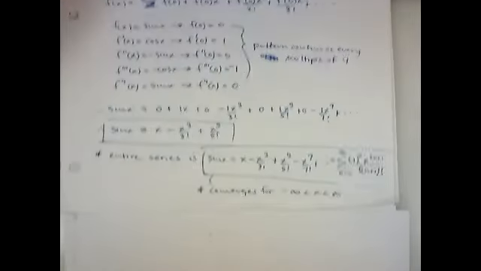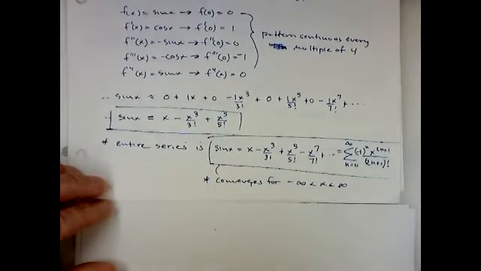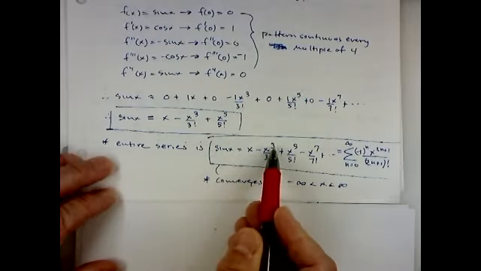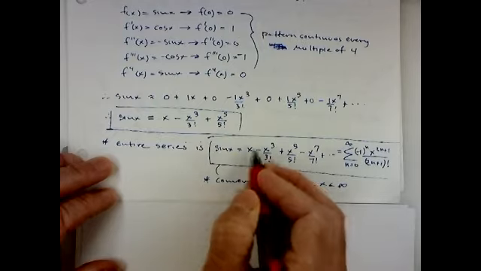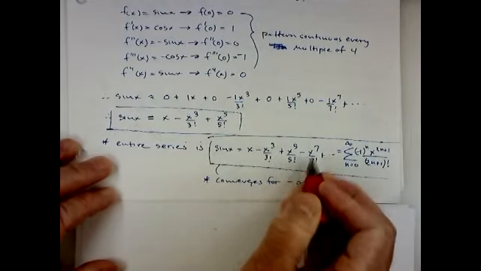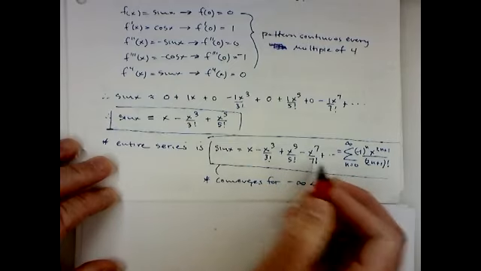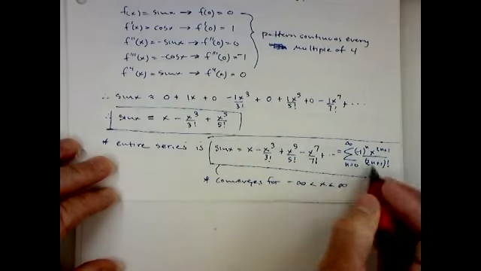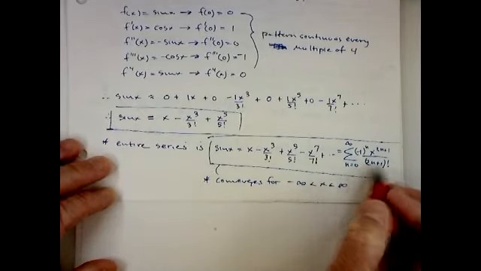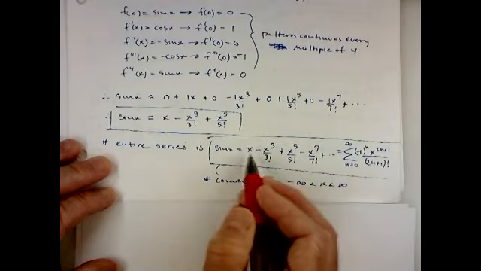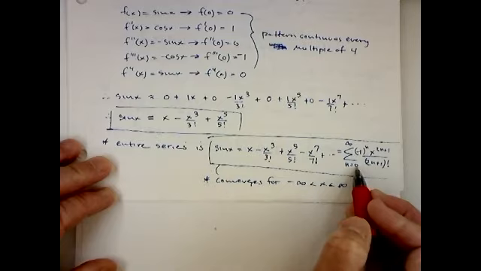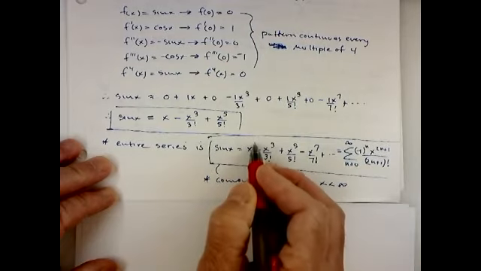But if you kept going, it's pretty clear this entire series is just going to involve the odd powers, right? x minus x to the third over 3 factorial plus x to the 5th over 5 factorial minus x to the 7th over 7 factorial, and so forth, which can be expressed in sigma notation. To make your power skip by 2, you're going to need a 2n. And then I had to add 1 to that because I'm starting at 0, and I want my first power to be 1.